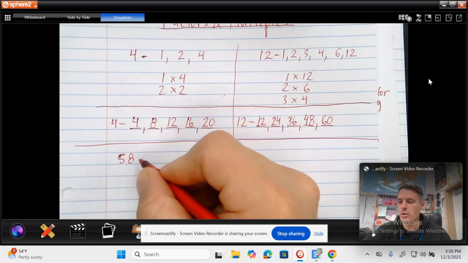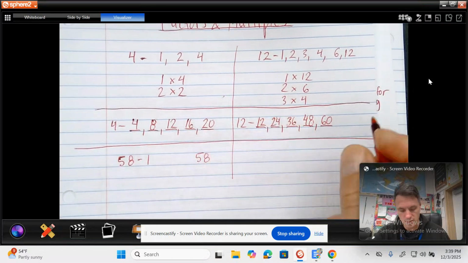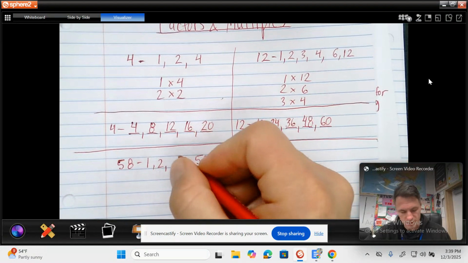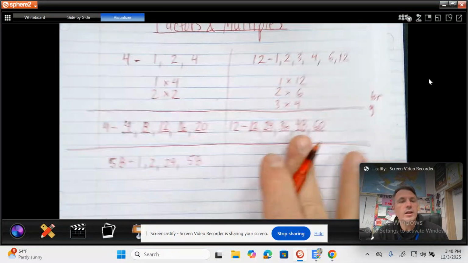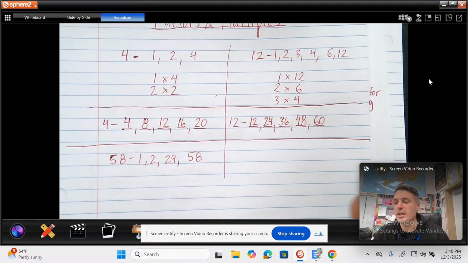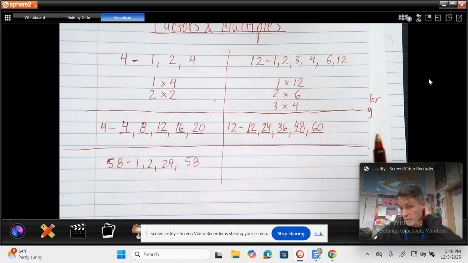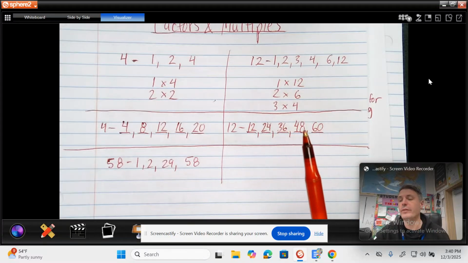And so the only factors of 58 are 1 and 58, and then 2 and 29. I misspoke there. It's 1 and 58 and 2 and 29. Those are the only factors of 58 because they're the only numbers you can multiply together to equal 58.